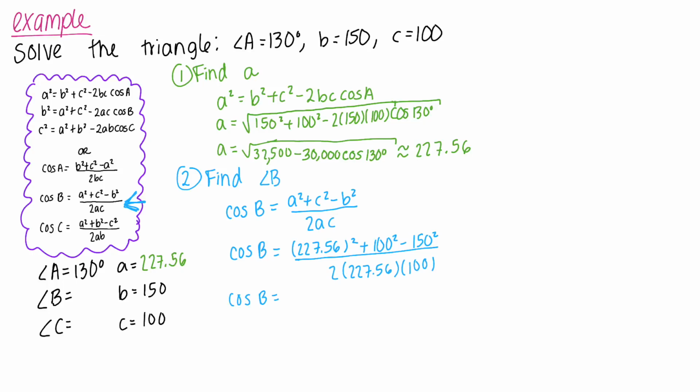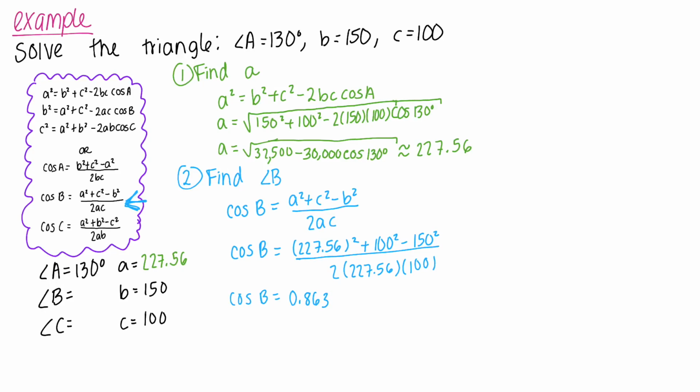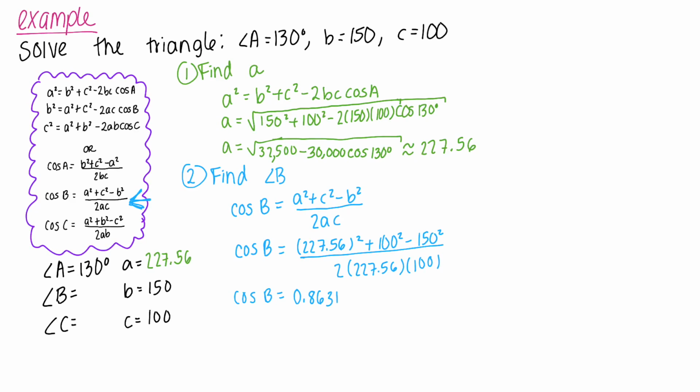It doesn't simplify into a nice number, so I'm going to keep 4 decimals at least. If you wanted to feel extra safe, you might keep even more than that, but I'll keep 4 decimals here. And then I'm going to take cosine inverse on both sides to get that angle B by itself.